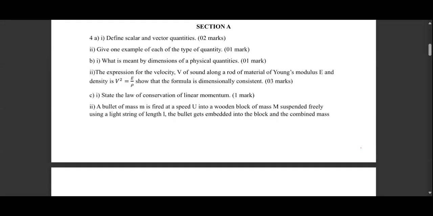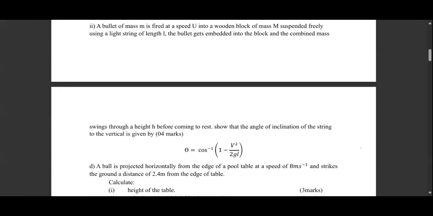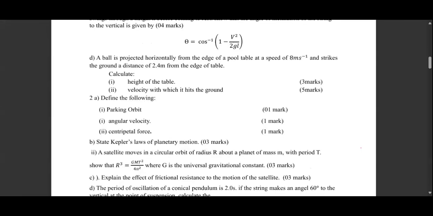So paper 1 is made up of 3 sections. We have section A, where we have mechanics. We have section B, where we have heat and thermodynamics. Then we have section C, where we have modern physics. We shall discuss some of the items in the mechanics part, and we shall also look at some other questions in the heat part.